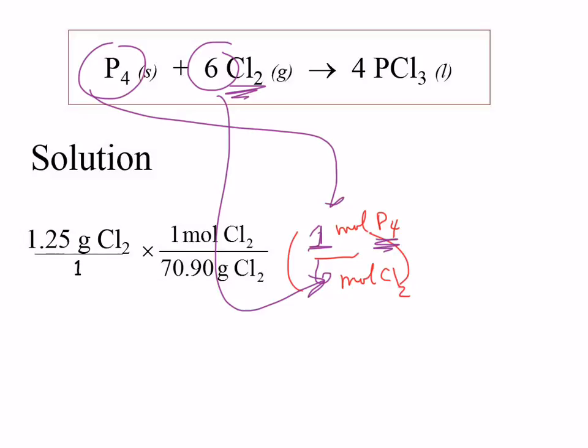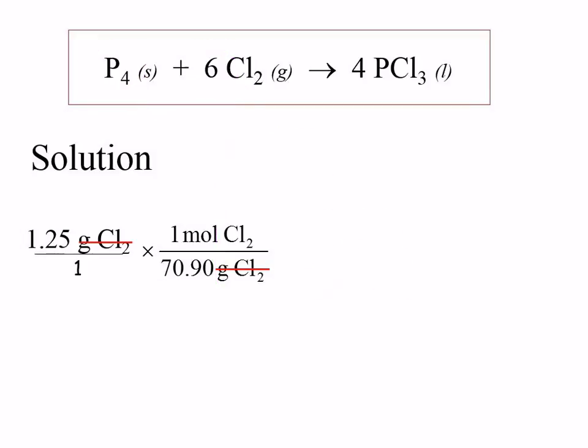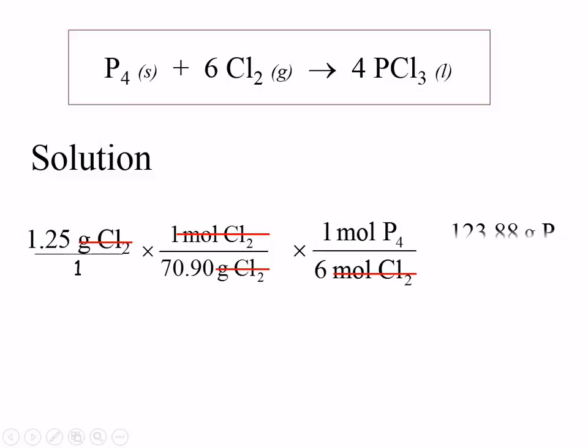Yes. Okay, good. So then we have moles of P4, and now we're ready for the molar mass of P4, which I cannot remember. It's 4 times 1 phosphorus, which looks like I had 123.88 grams per mole. So 123.88 grams of P4 for 1 mole of P4.